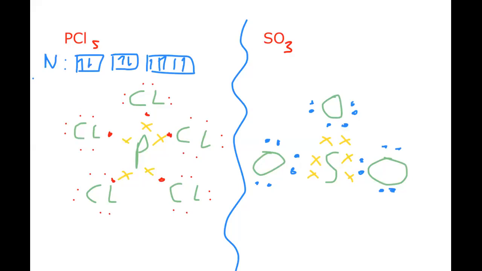However, if we had to form NCl5, this would not be possible because nitrogen's valence shell is the second shell and there is no 2d subshell available.